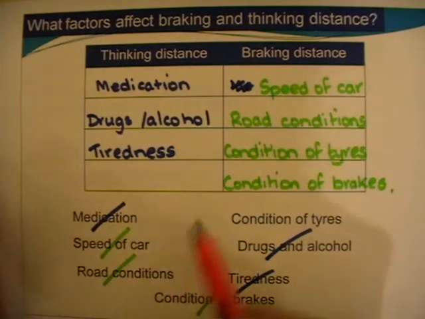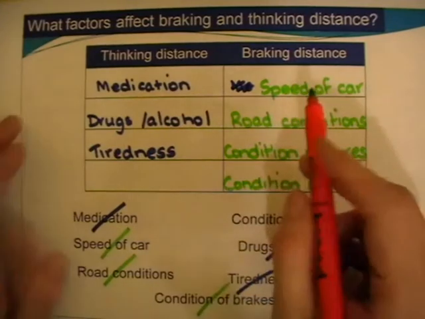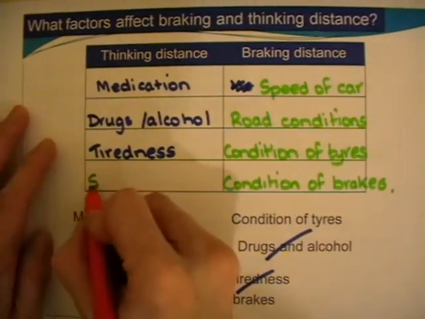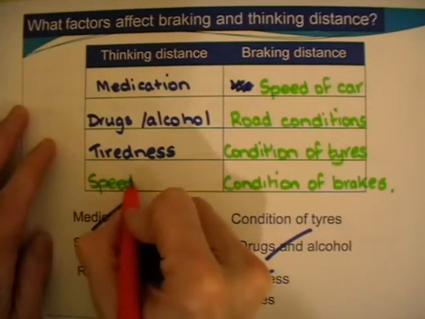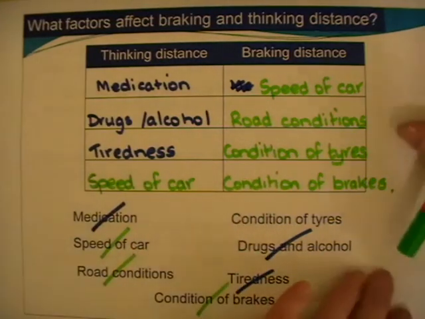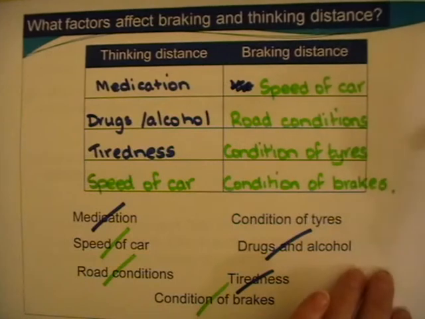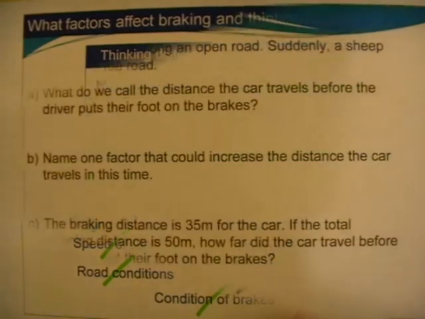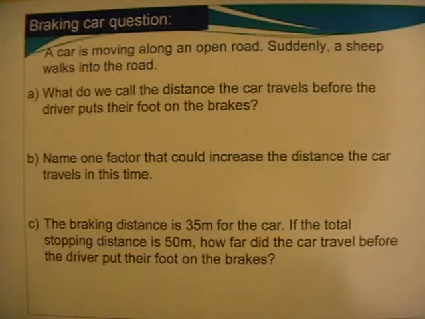One thing that might affect both thinking distance and braking distance is of course the speed that you're travelling at. So I'm going to put it over here as well. Because if you're travelling faster and then you have a slower reaction time, you're obviously going to have a longer thinking distance.